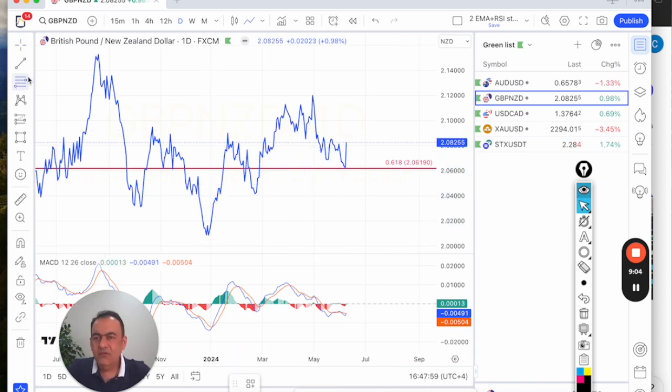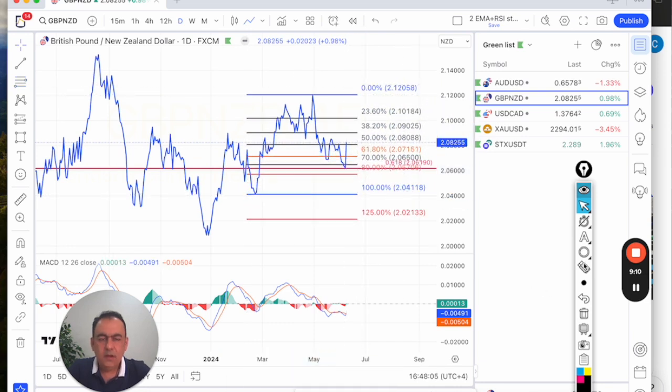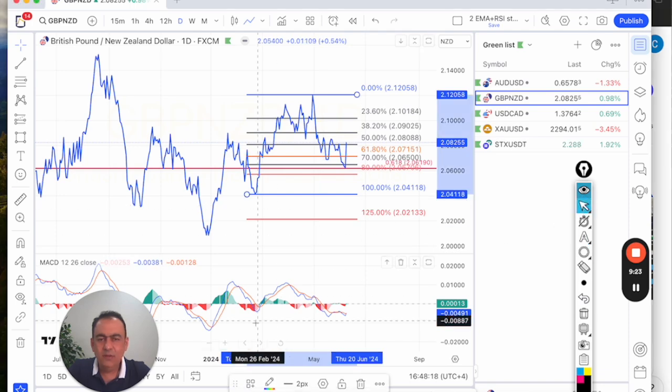Now the second Fib retracement should be plotted on the second bull run from the lowest and the highest. Again, if you notice, I've connected the lowest and the highest, and the retracement is precisely at the 70 to 80% level.